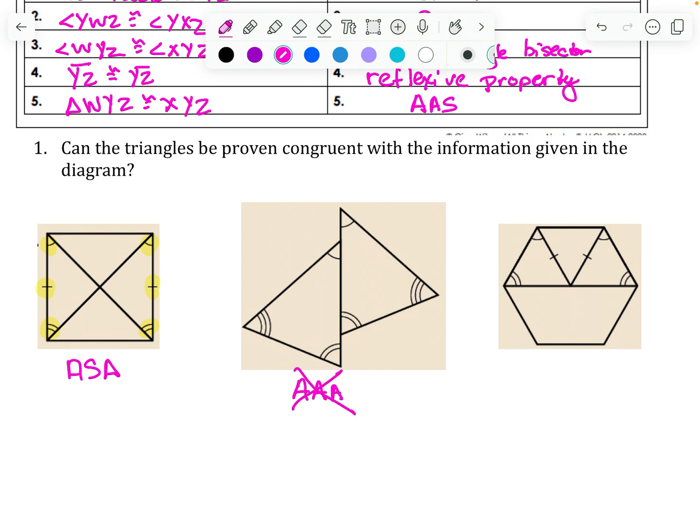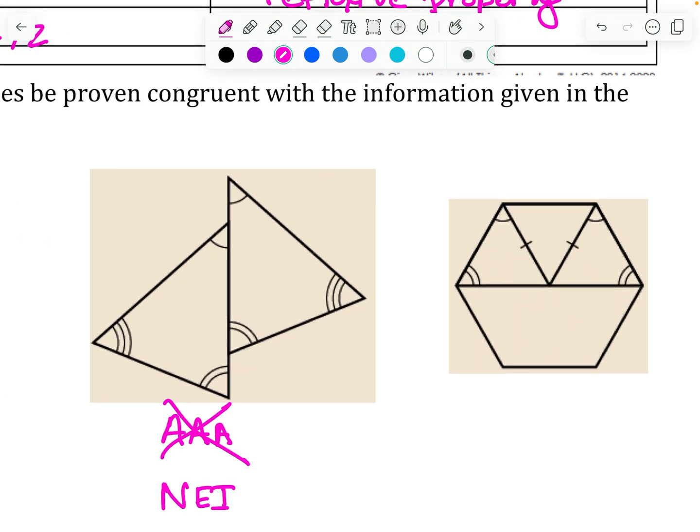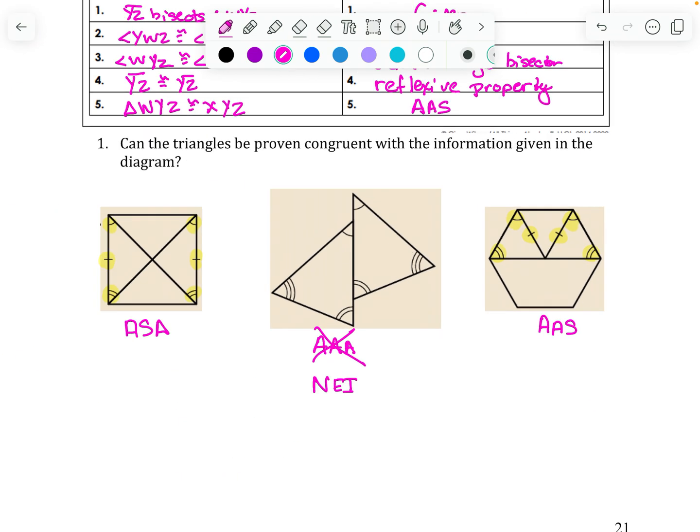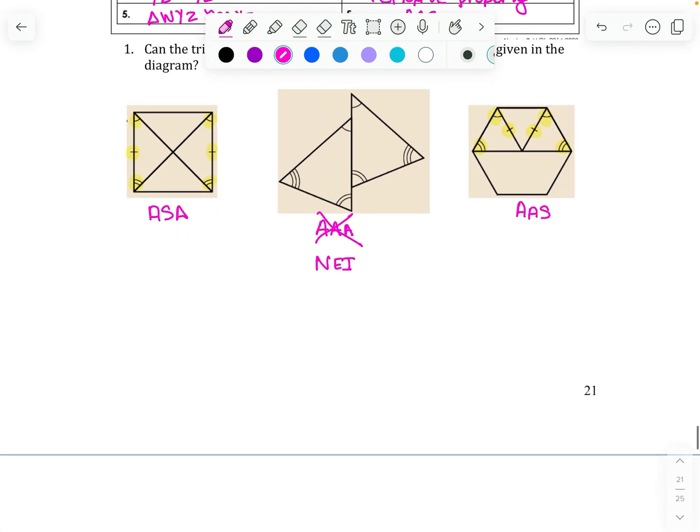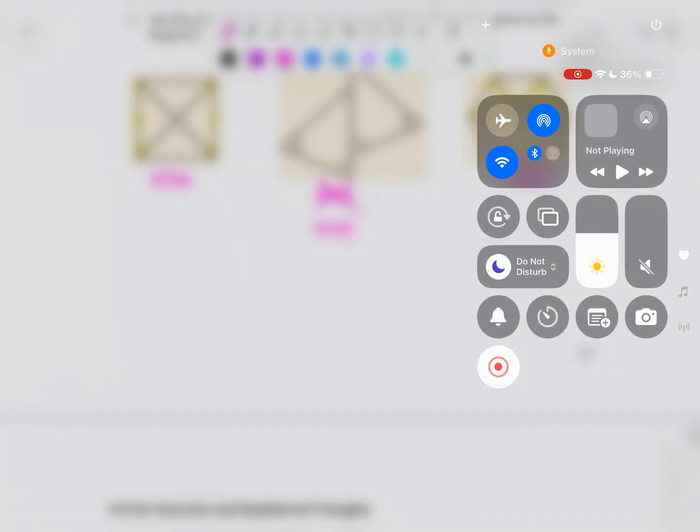That does not fit what's required, so this is not enough information. And lastly, we have angle, angle, side. This works for angle, angle, side. And that is the end.